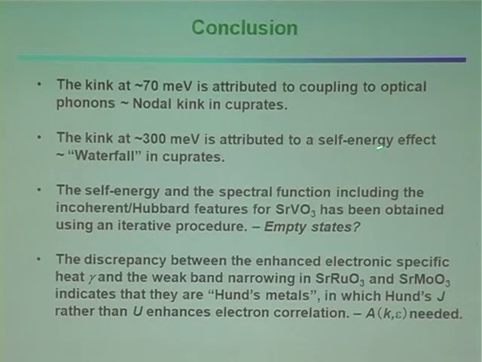And the high energy kink is a generic feature of electron correlation, and the self-energy could be reduced for the entire spectral range, but empty states still have some problem. And I just mentioned that these compounds are so-called Hund's metals, and obviously we need angle-resolved photoemission data for these Hund's metals. Thank you for your attention.